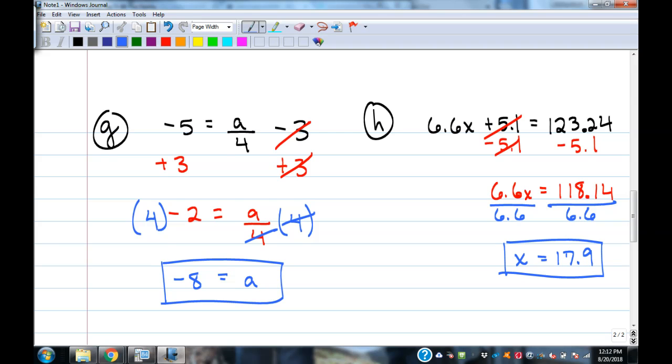So we throw decimals in there. Process is exactly the same. Nothing's changing there. We're just dealing with decimals instead of integers. That's the only difference.